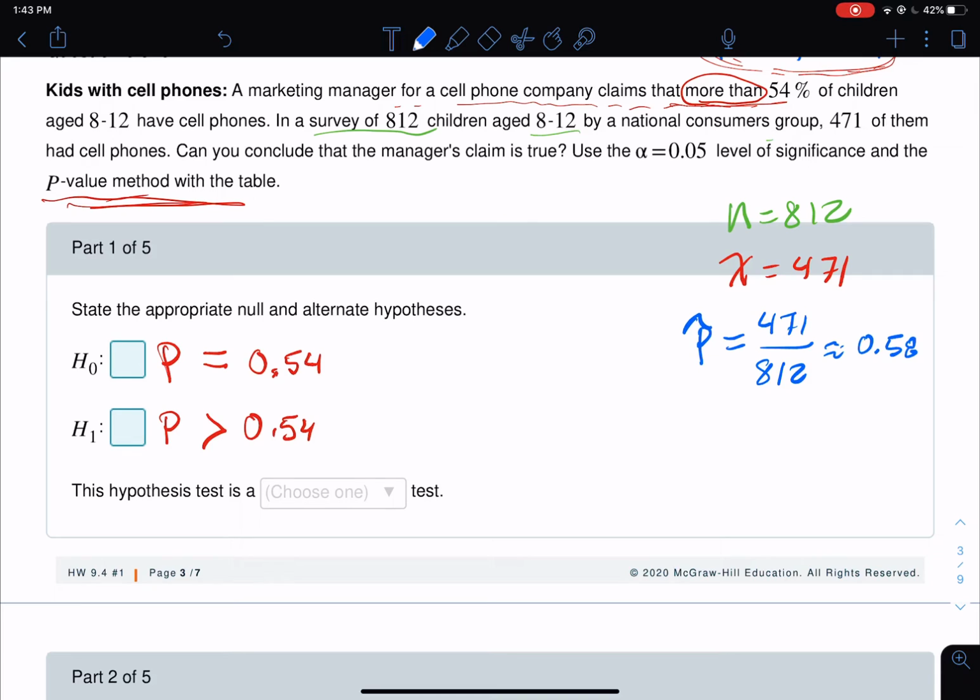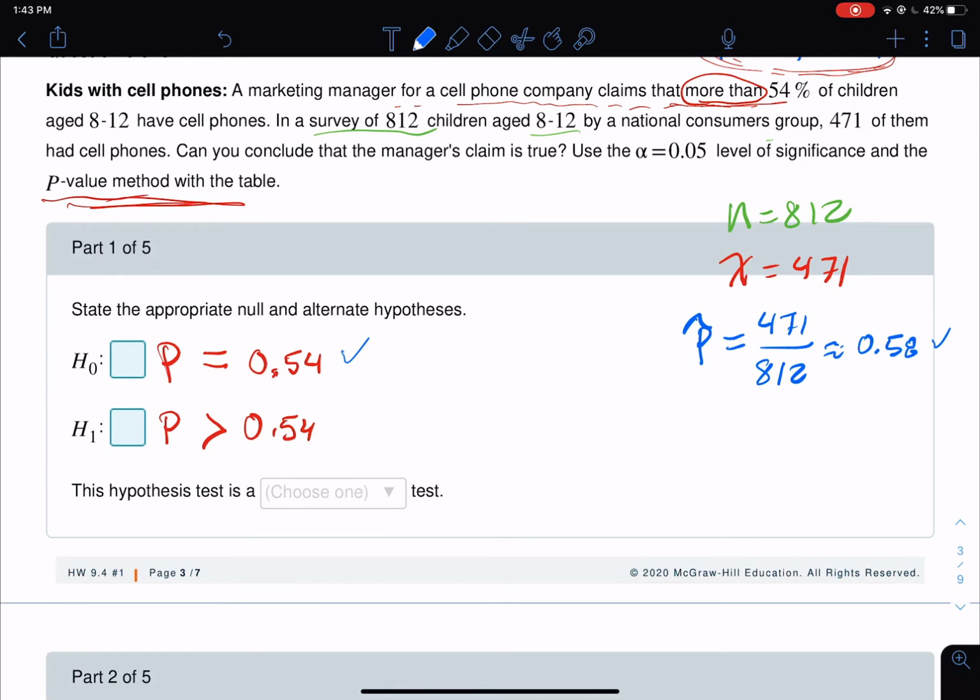So far you can see that for the population proportion, the assumption is that it equals 0.54. We went out and did some sampling, and in this particular sample we've got 0.58.